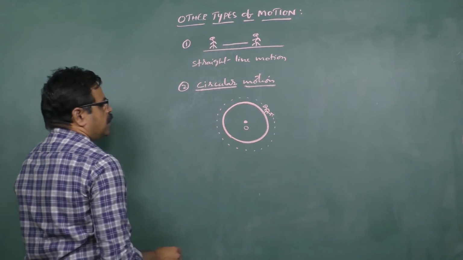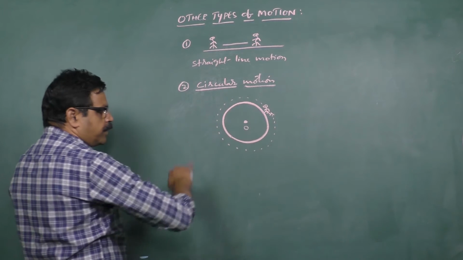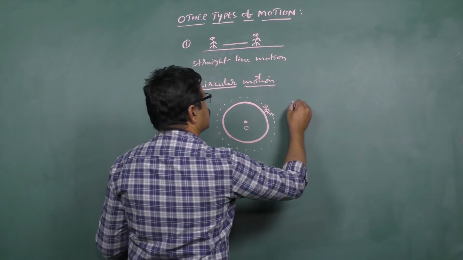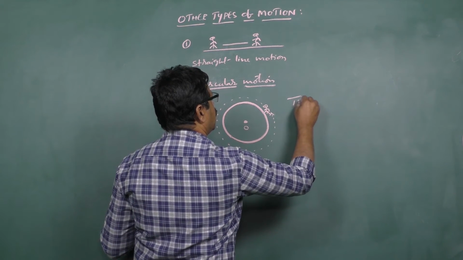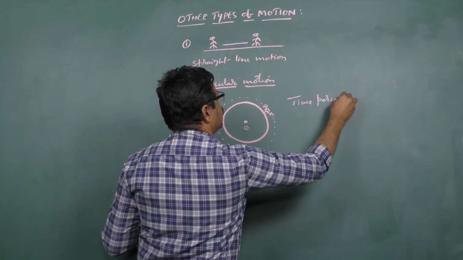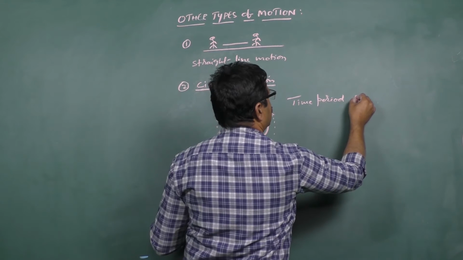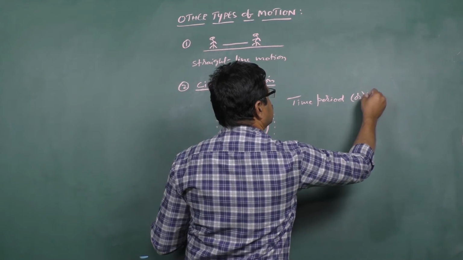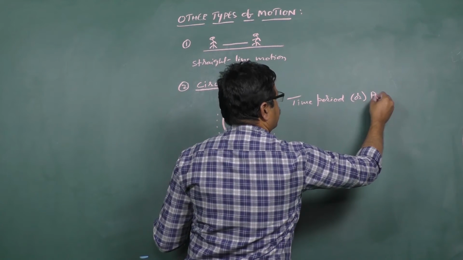In this case, how much time it takes to complete one revolution is called the time period, or you can also call it periodic time.